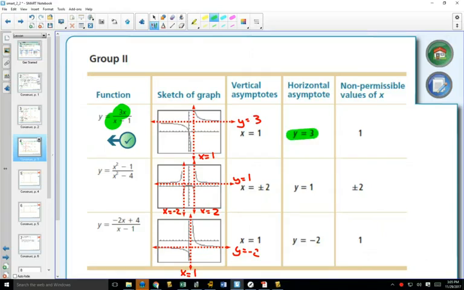You get 3. What about the second one? What's the highest power on the top? x squared. What's the highest power on the bottom? x squared. What happens when you do x squared divided by x squared? If you ignore the numbers, you get 1.